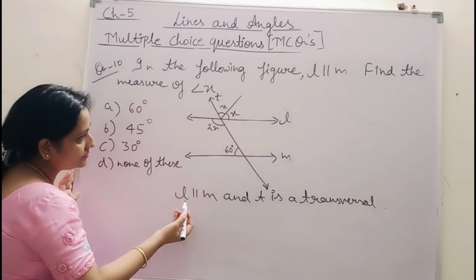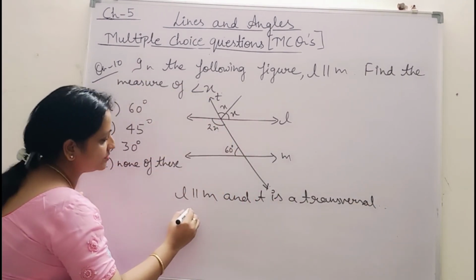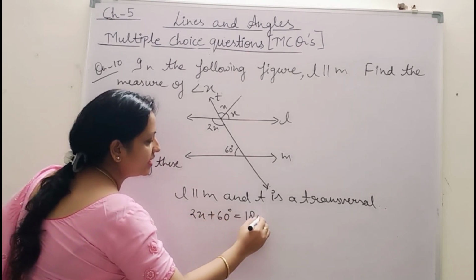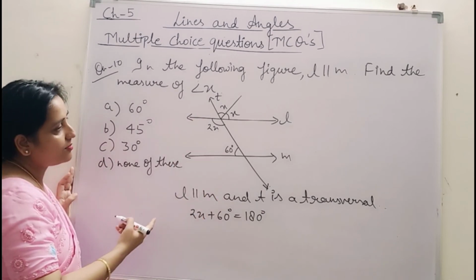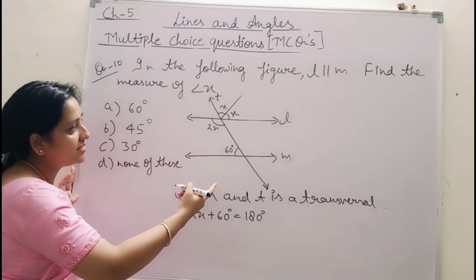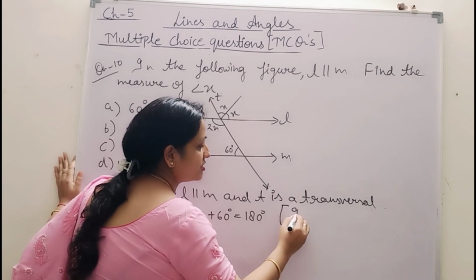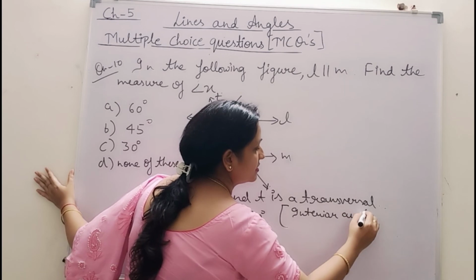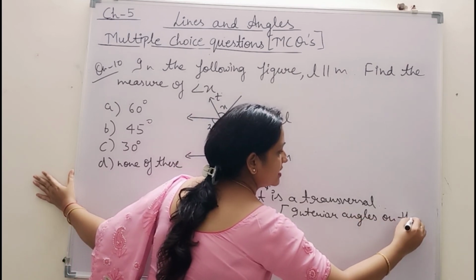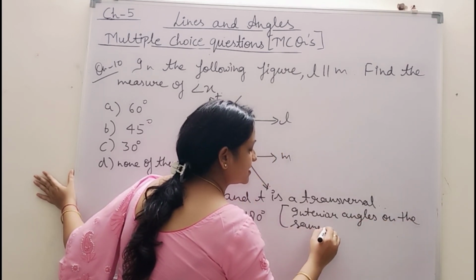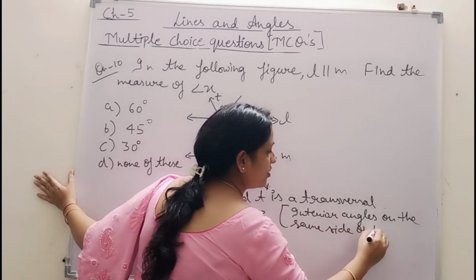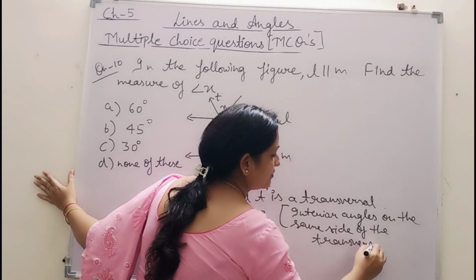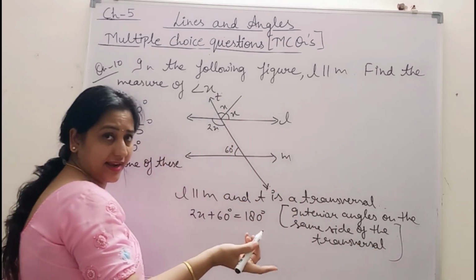Then the sum of both the angles, 2x plus 60 degrees, is equal to 180 degrees. Why? Because the sum of interior angles on the same side of the transversal is 180 degrees, or we can say they are co-interior angles.